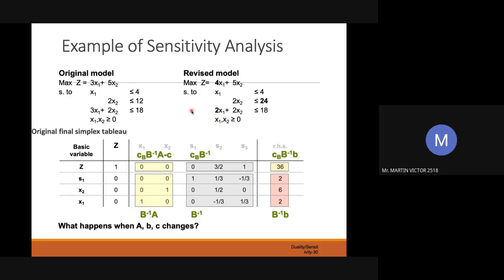Now we have to construct and solve a separate problem for this new revised model. For this model, we again do the same graphical method process and finally get a solution. After that, we analyze the difference between the original model and the revised model, and what our conclusion will be based upon both the solutions.